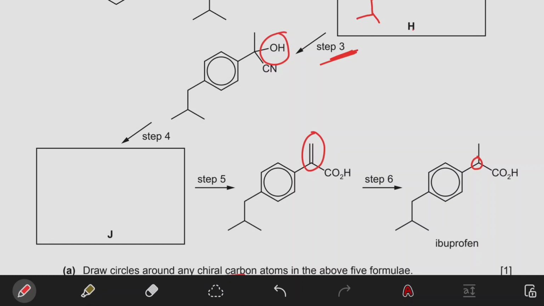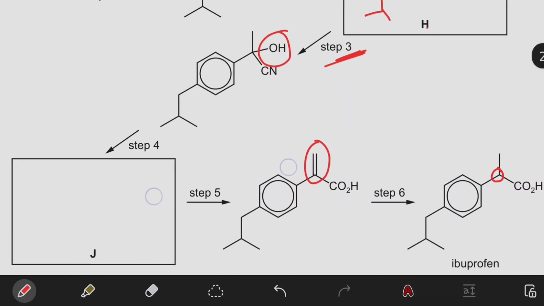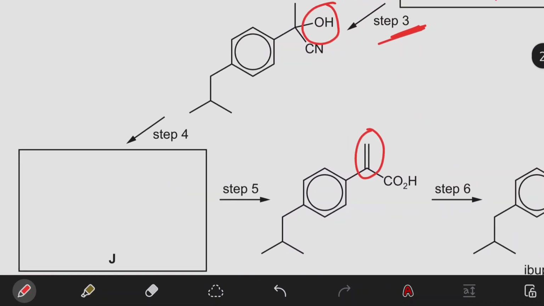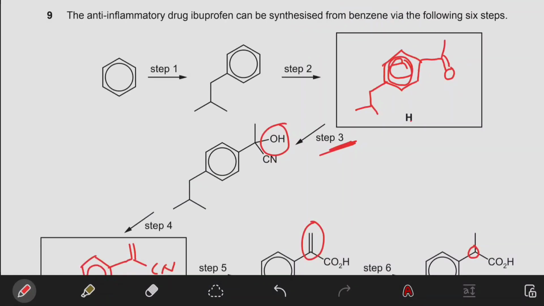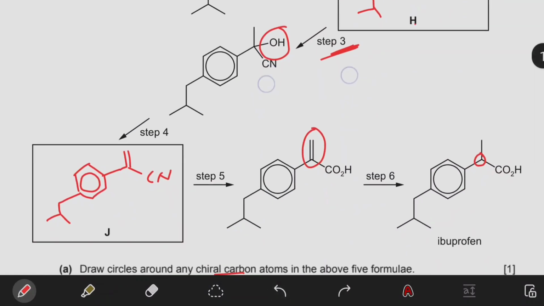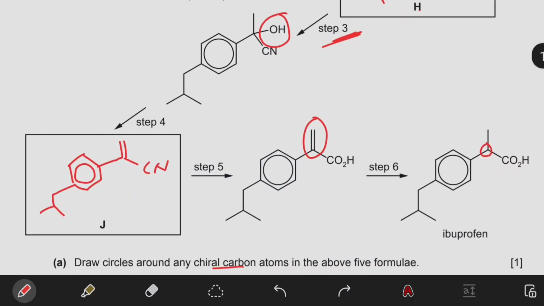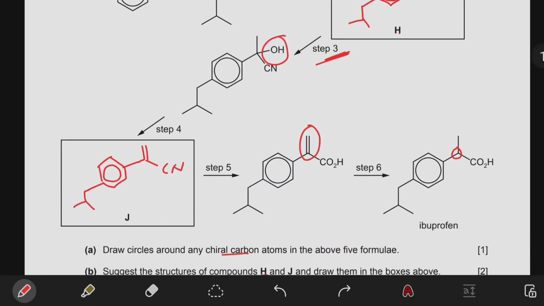It is done by heating the alcohol in the presence of a strong acid like H2SO4. So definitely it would be like this. Here I forgot to make a ring, so don't forget that. Again, a ring in the benzene. Okay, so J is done.